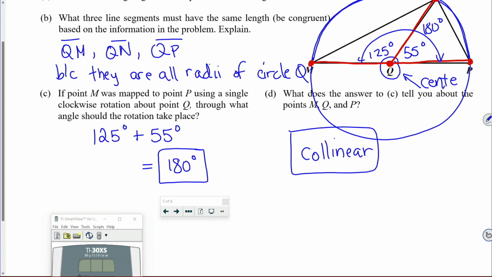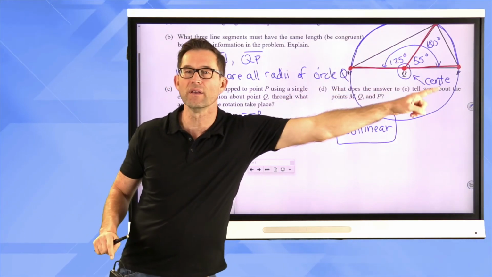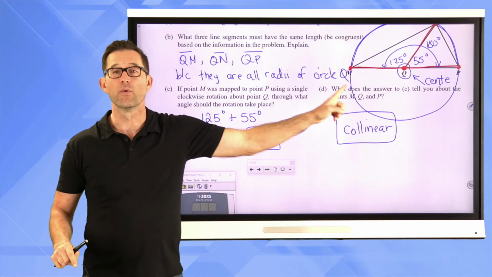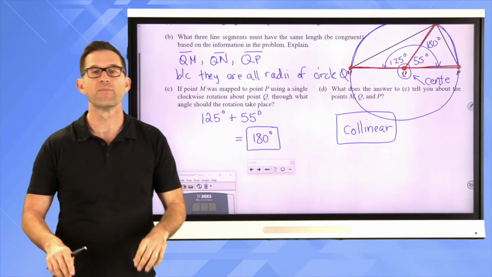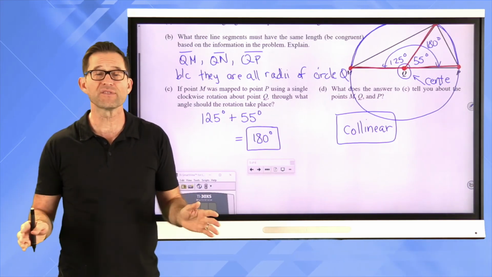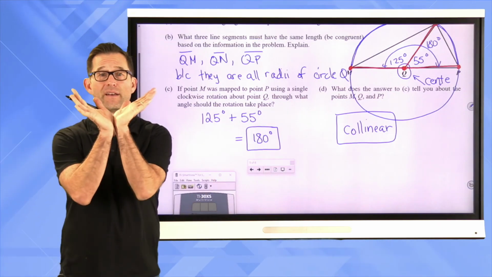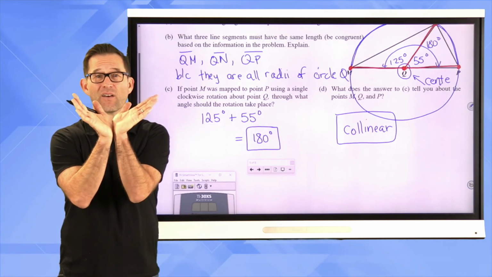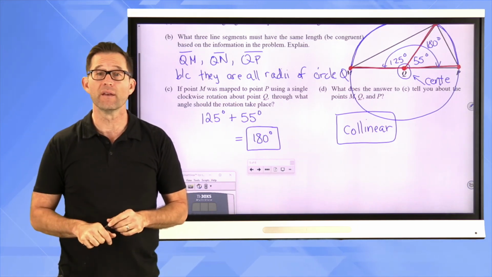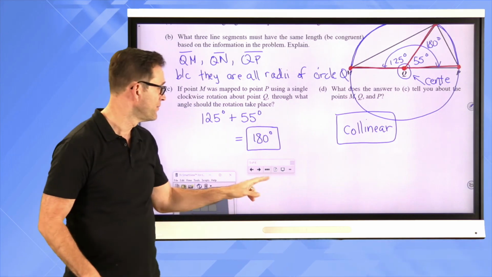So anytime you rotate a point 180 degrees about another point, the original point, the center, and the image point are all collinear. They all have to lie in a straight line, otherwise it wouldn't be a 180 degree angle. If they didn't lie in a straight line, there'd be some kind of bend in the angle, and the angle wouldn't be 180 degrees. That is a surprisingly important fact for us later on.